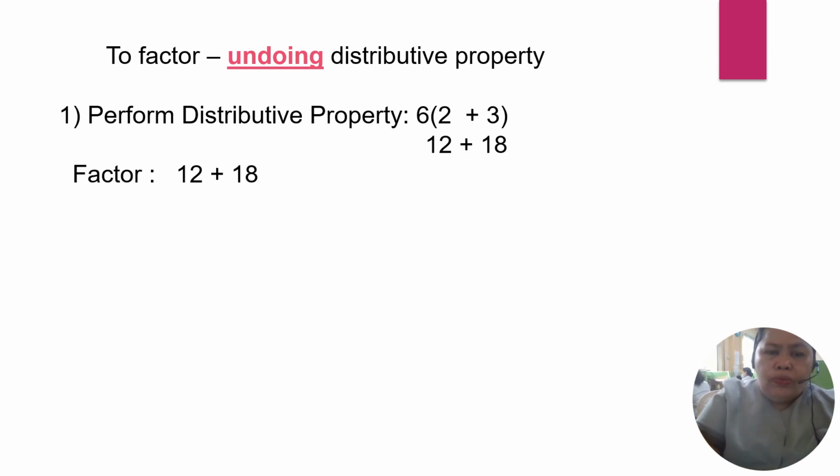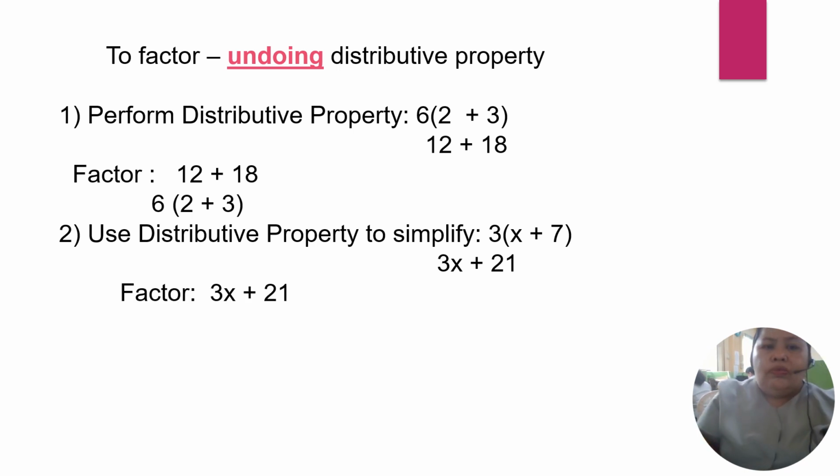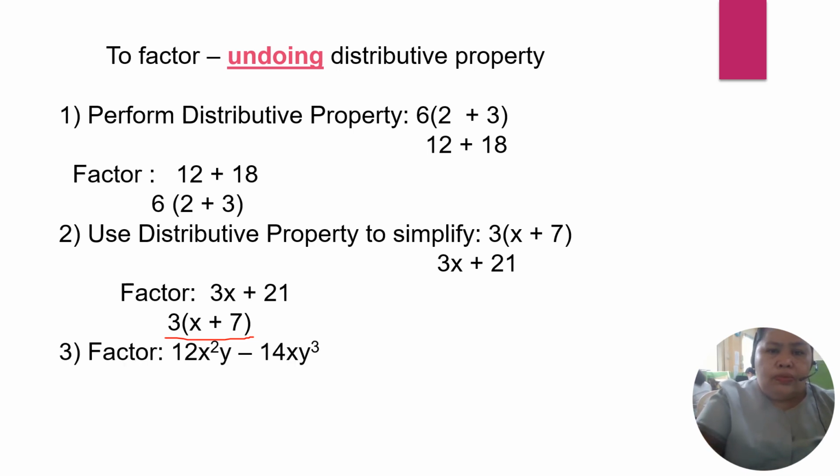So for 12 plus 18, the factors are 6 times 2 plus 3. Then use the distributive property to simplify: 3 times x is 3x, and 3 times 7 is 21. So to factor 3x plus 21, that's 3 in parentheses, x plus 7.